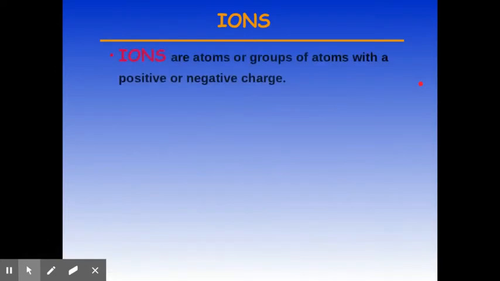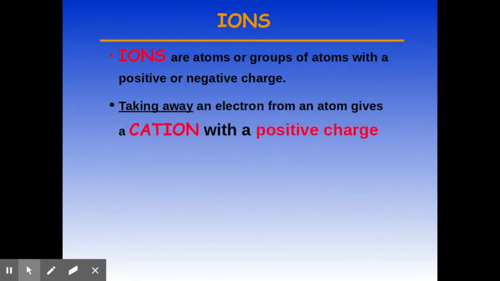Let's talk about ions. Ions are atoms or groups of atoms that have a positive or a negative charge. So they can be positive or negative. They have become positive or negative by either gaining or losing electrons.